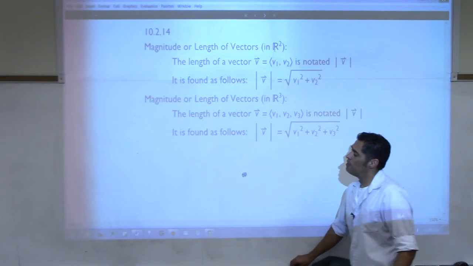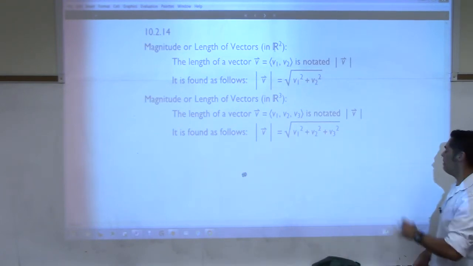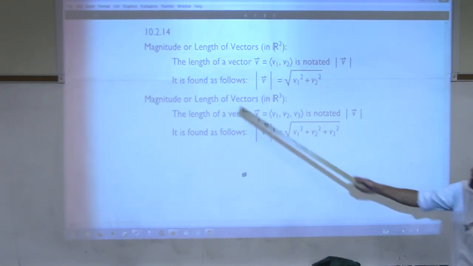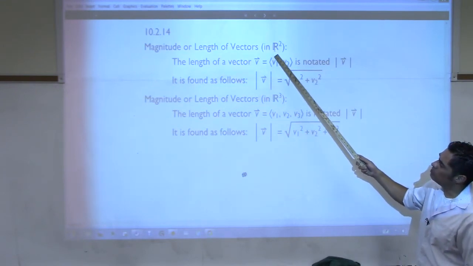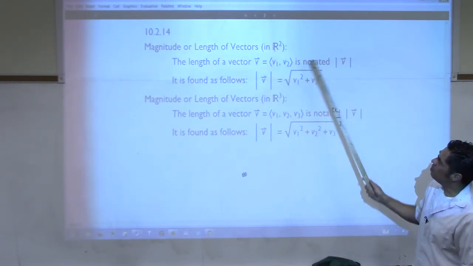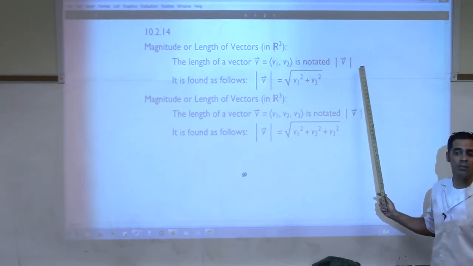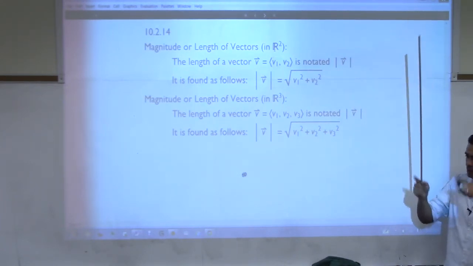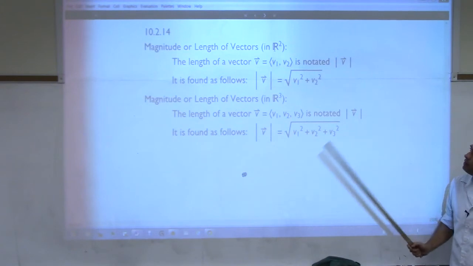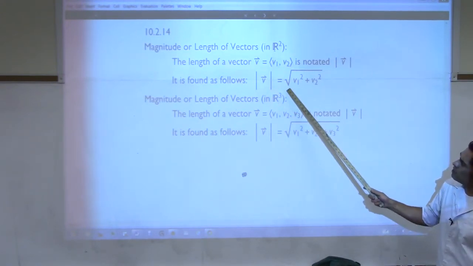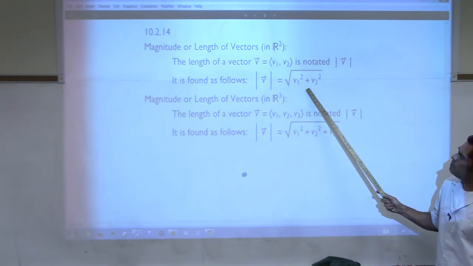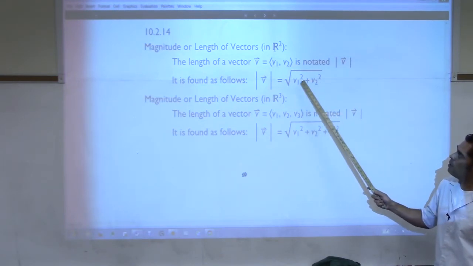But we do have some notation and some language. The magnitude or the length of a vector in R2 is notated with the absolute value bars. That you've grown up with, you know those. If you throw absolute value bars around the vector, then what you need to do is take the square root of the sum of the squares of the components.